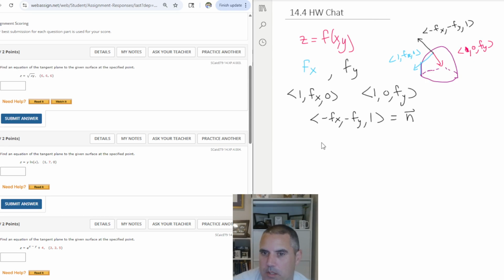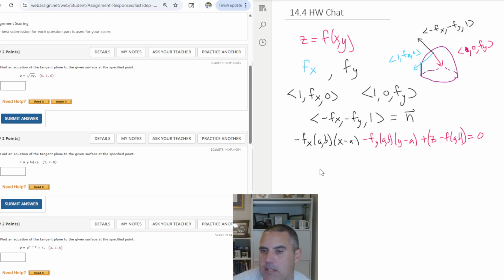Now, the way we typically write the tangent plane at a given point, this would give you the following for the tangent plane: f of x at (a, b) times x minus a, minus f of y at (a, b) times y minus b, plus z minus whatever the value of the function is at that point, equals 0.